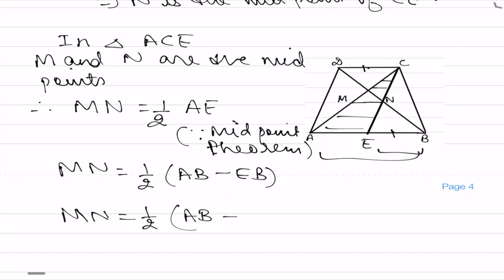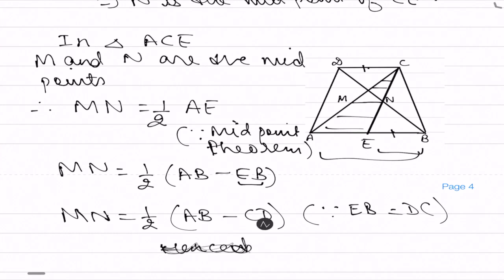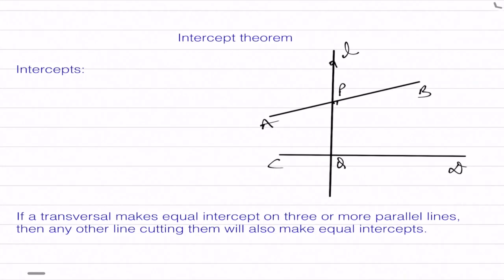So AB minus, we will replace BE with CD. Here write down, because EB equals CD. That's what we have to prove, that MN is half of AB minus CD. So it's hence proved.